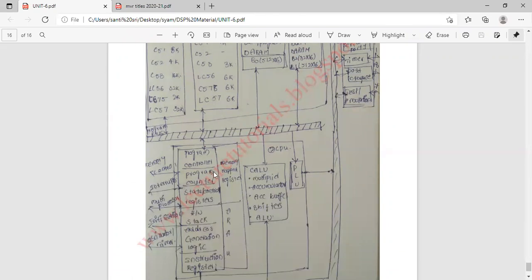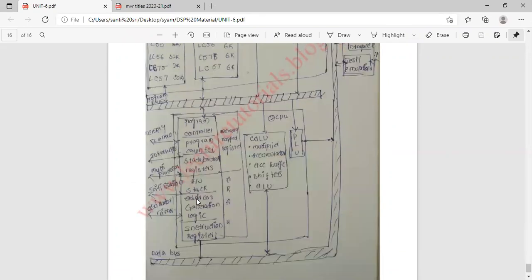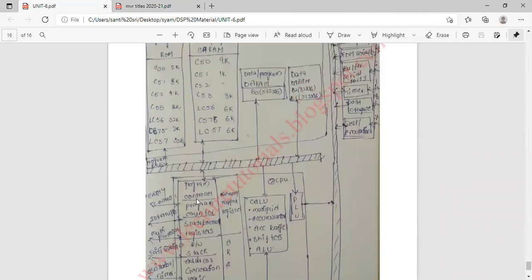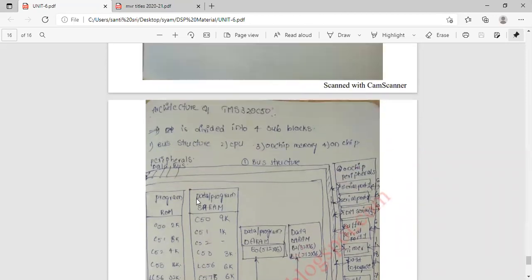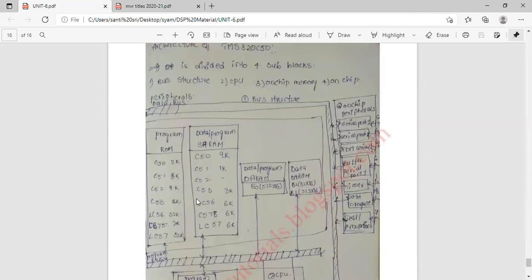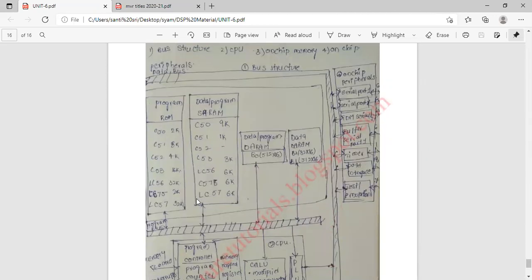Like this it is connected into four blocks. If possible, please note down this architecture of TMS320C50. First, note down the bus structure and on-chip peripherals.